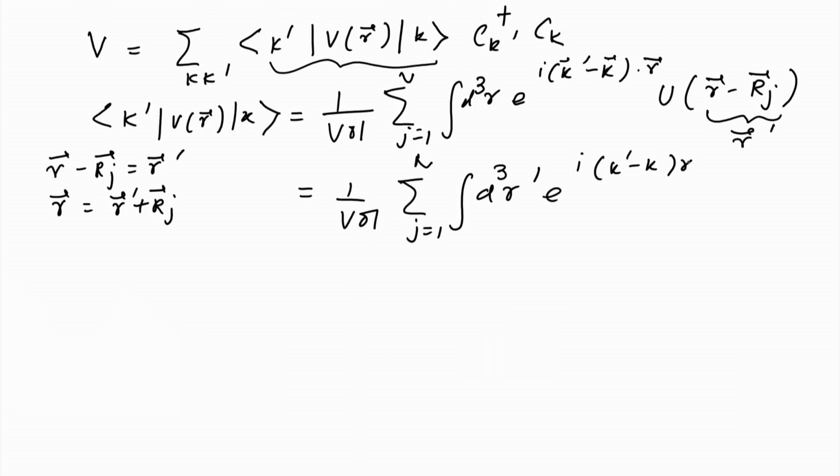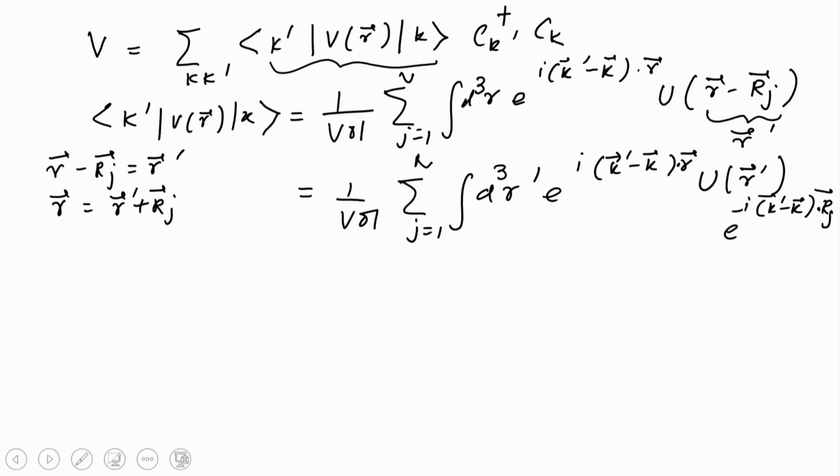We are just removing the vector signs, knowing fully well that, okay, let us put this just to have completeness, and u of r prime and an exponential minus i (k prime minus k) dot r_j, where r_j are the impurity sites.